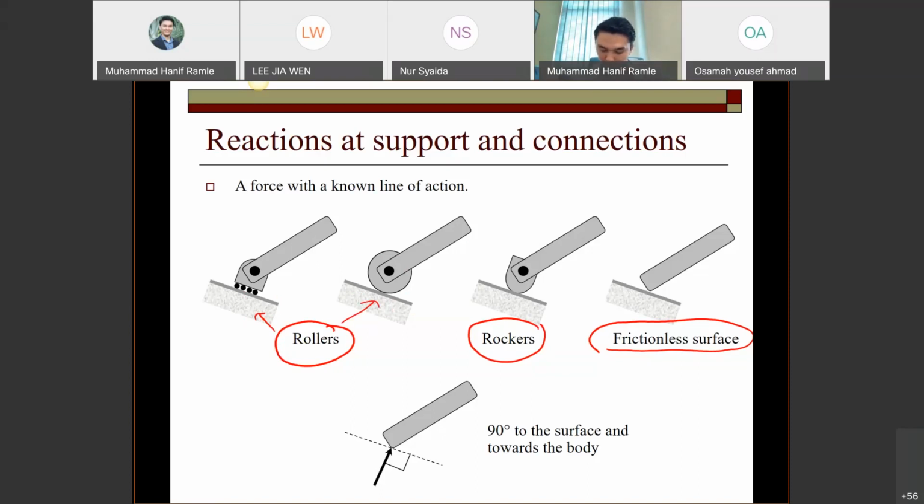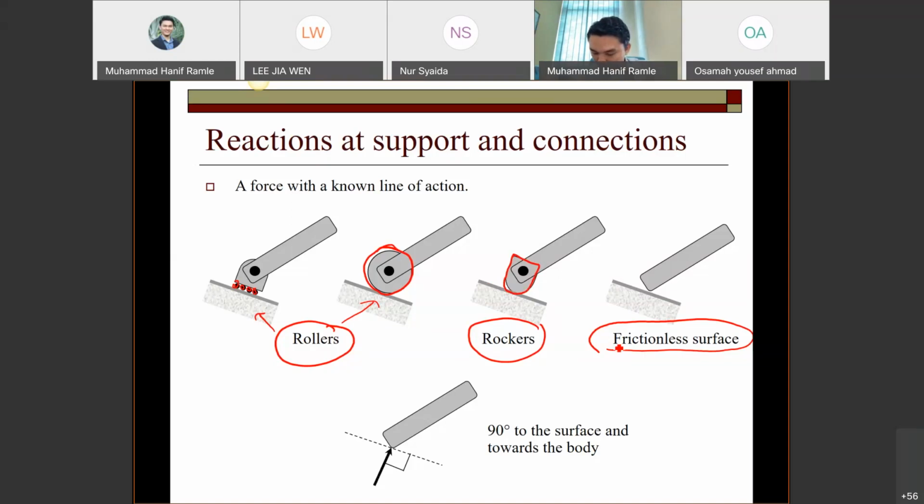How about rockers? Rockers are where there is no circle shape, like this one. This one is a circle shape. But for rockers, the shape that touches the surface is not a circle. So this is what we call rockers. Same as the rollers, they can move easily on the surface.